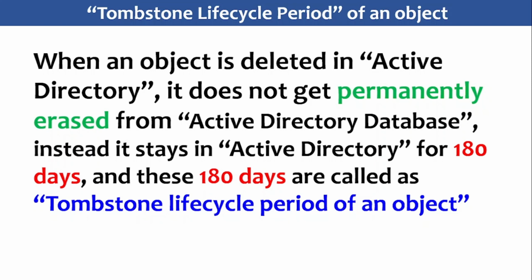Instead, it stays in Active Directory for 180 days, and these 180 days are called the Tombstone Lifecycle Period of an object. So whenever we delete a user, it will not get immediately erased from the database. Instead, it will stay in the database for 180 days, and these 180 days are called the Tombstone Lifecycle Period of an object.